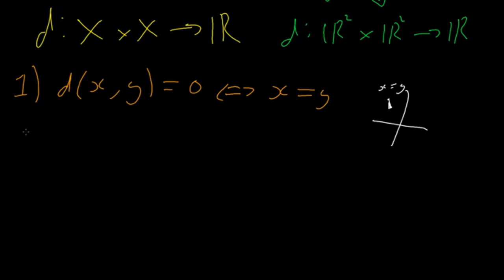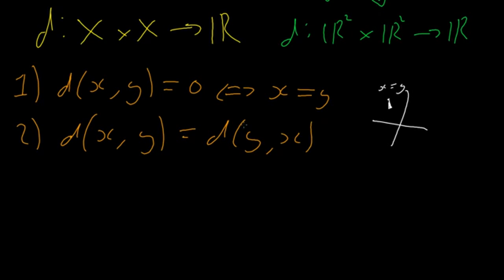So let's do another one. The second axiom or condition we want to impose on our metric is called symmetry. It says that the distance from x to y is equal to the distance from y to x, and this is definitely a property we want to have when we're talking about a distance function, right?